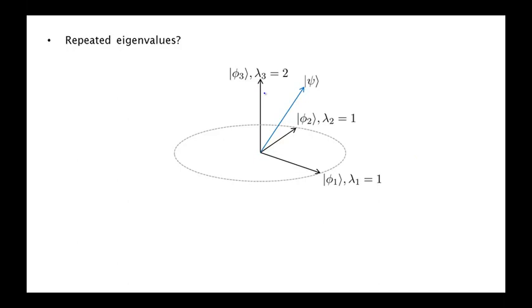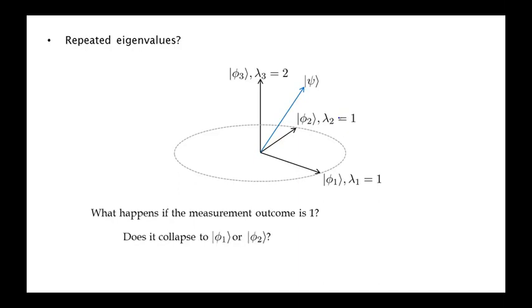But suppose lambda 1 equal to lambda 2 equal to 1, right? Now you could ask, what happens if the measurement outcome is 1? Is the new state phi 1 or phi 2? Well, okay, so here's the correct picture.